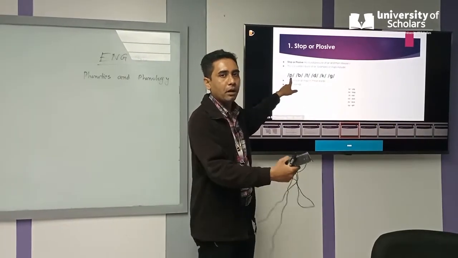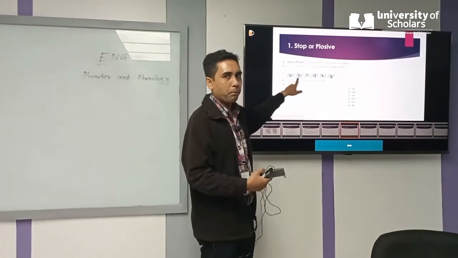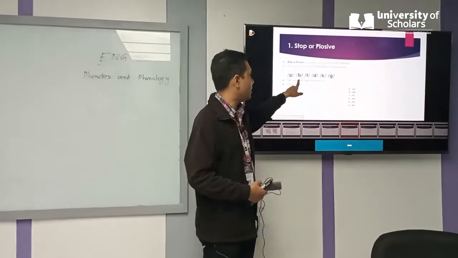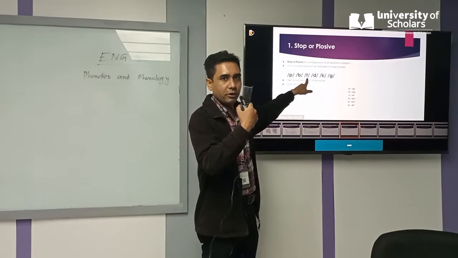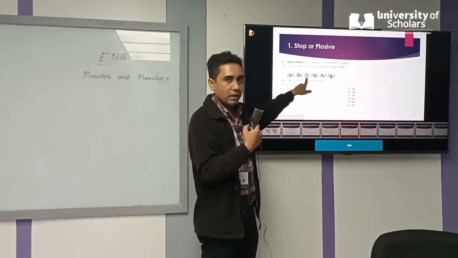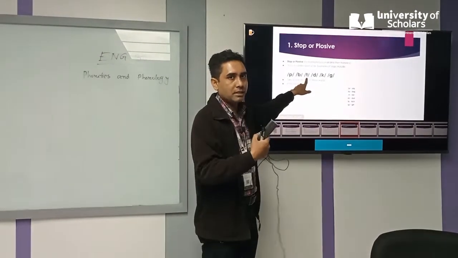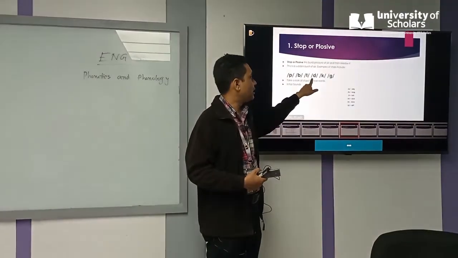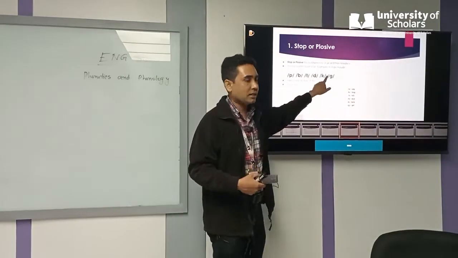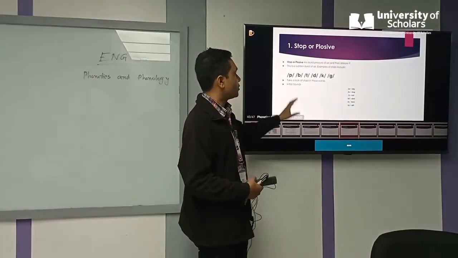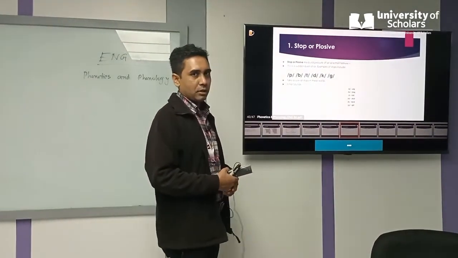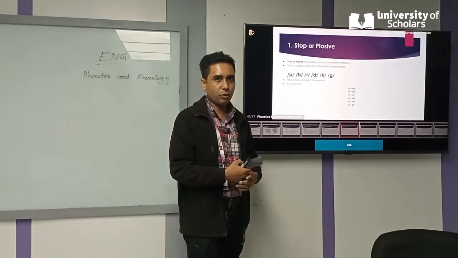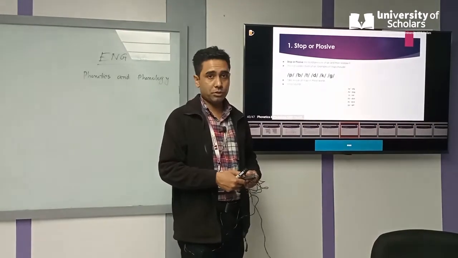Holding, pa, released, ba, released. The tongue is touching the alveolar ridge, then holding, then release: ta. Similarly, ta, da, ka, these are the sounds which are called stop or plosive. Let's just see the examples. Next we'll practice more and more and we can remember those sounds.